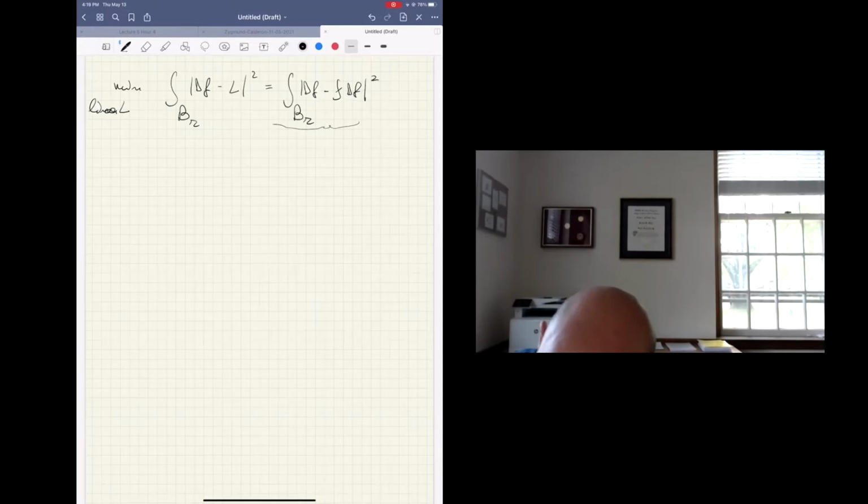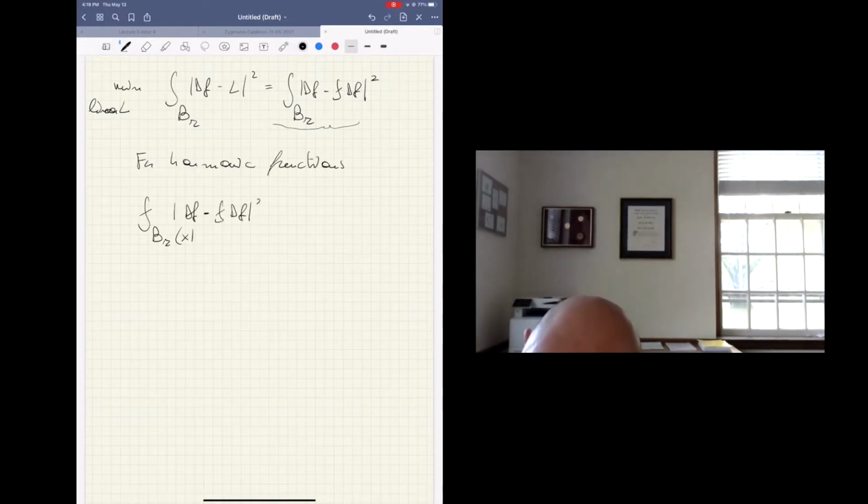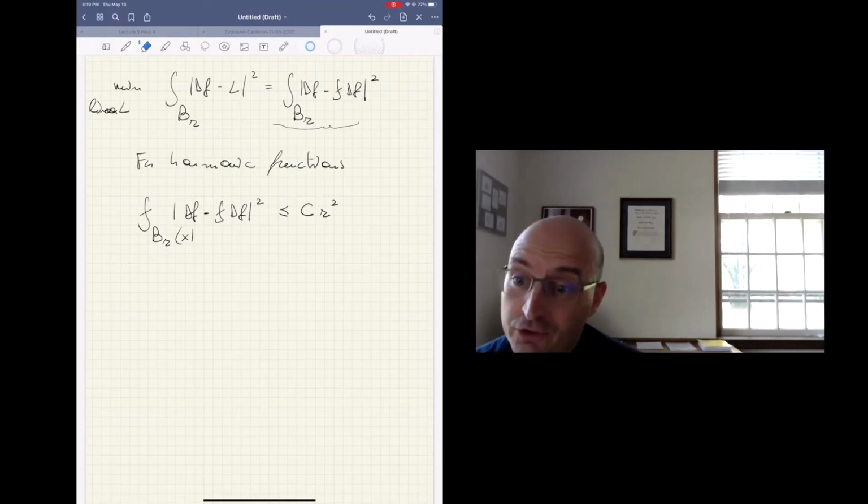So for a harmonic function, you have the following simple estimate, which comes from elementary properties of harmonic functions: this quantity is less than or equal to a constant times r squared. Okay. Now, what is this actually? This is a kind of Morrey estimate on the L2 oscillation of the gradient of f.